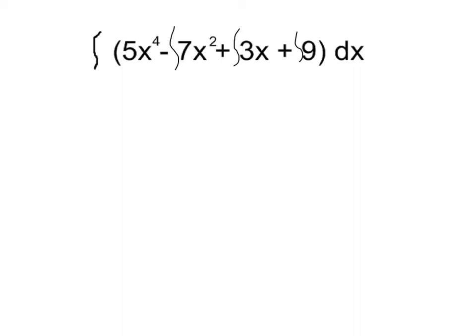So the antiderivative of 5x to the fourth would be x to the fifth, minus the antiderivative of 7x squared would be 7/3 x cubed, plus the antiderivative of 3x would be 3/2 x squared. The antiderivative of 9 would be 9x plus c.